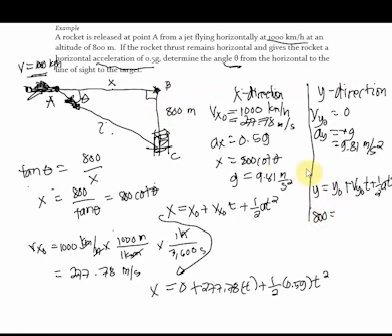Yung y sub O natin is 0, galing dyan, reference is 0, no? Plus, ano yung v sub y natin? 0 din, no? Kasi 0 siya, plus 1/2, okay, that will be 9.81, that is g, positive 9.81, and then t squared, okay? So, we can solve here the value of t.